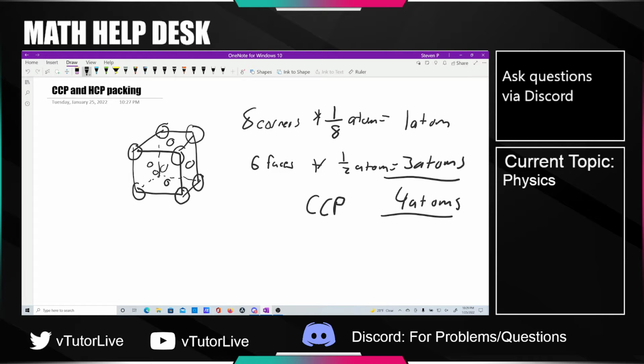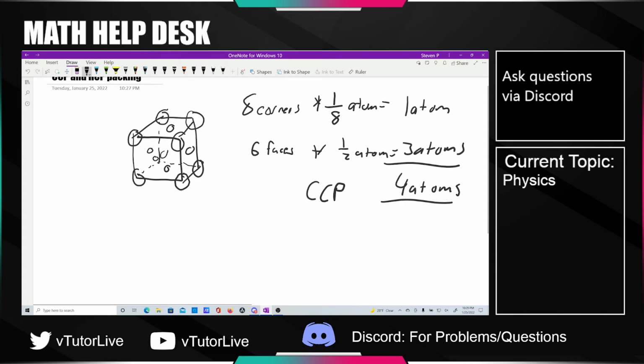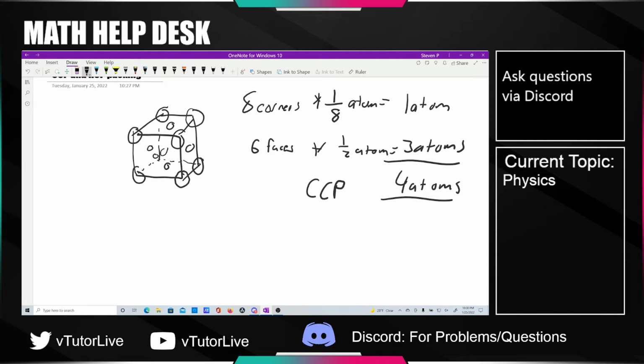The magic number is 4 for the cube packing structure. So what the problem was asking was basically saying, okay, an element has CCP packing with a face-centered cubic cell, and gives its density. So it's telling us that the density, which is just mass over volume, right, is 12,400 kilograms per meters cubed.